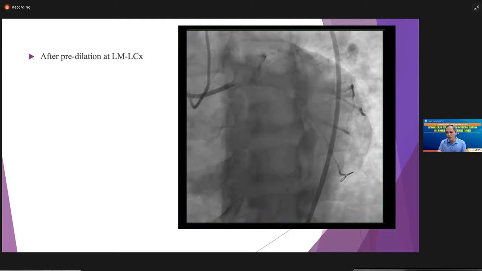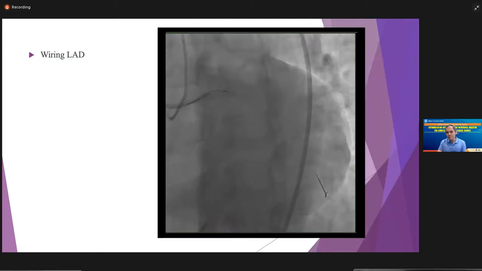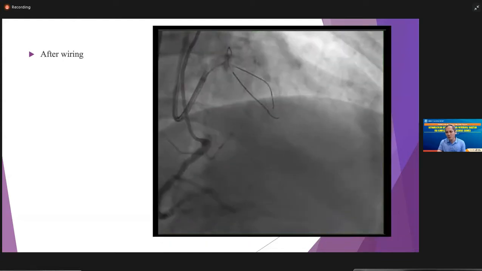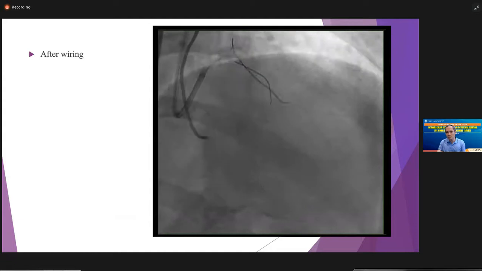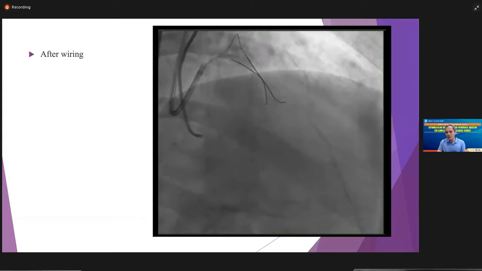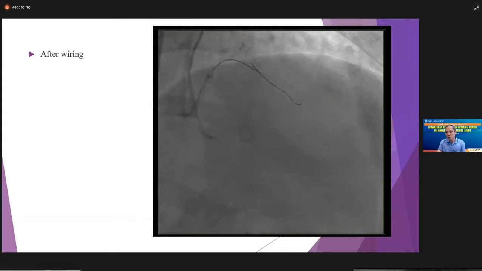We curved the wire more, with a 1 millimeter curve in the distal wire, and we used the floppy wire. Very lucky, I could get the floppy wire to the LAD. We control from the right to the left and rewire to the membrane.